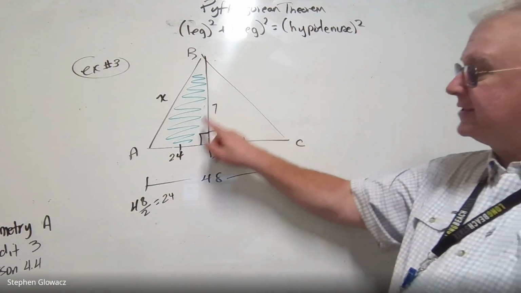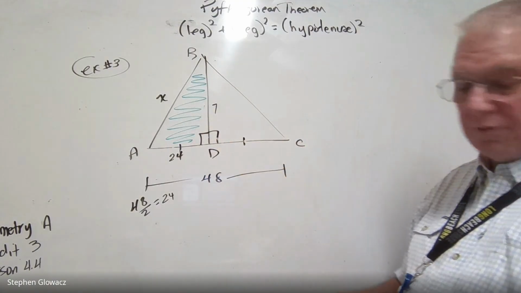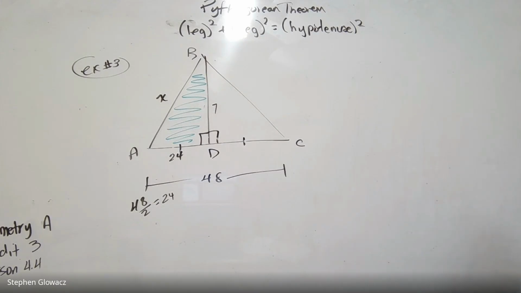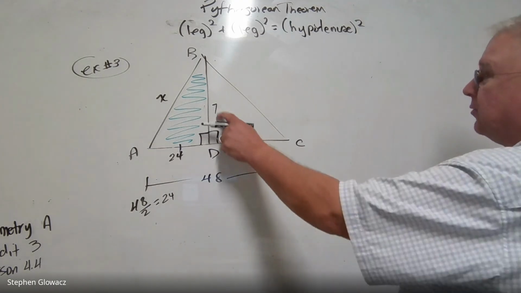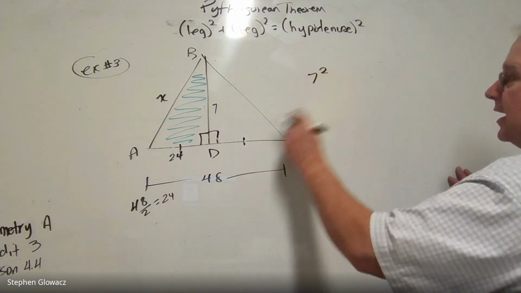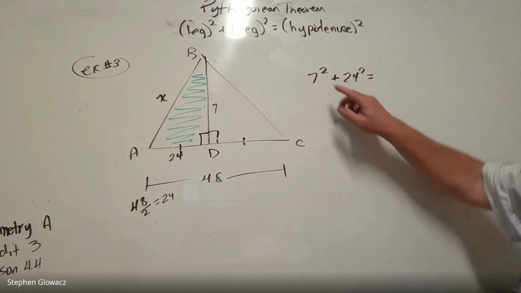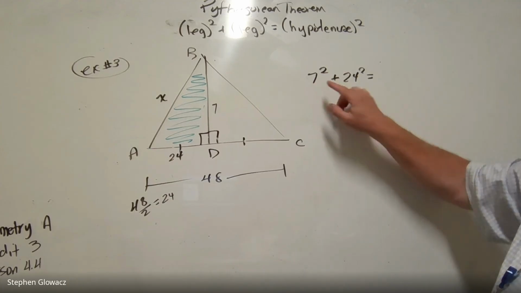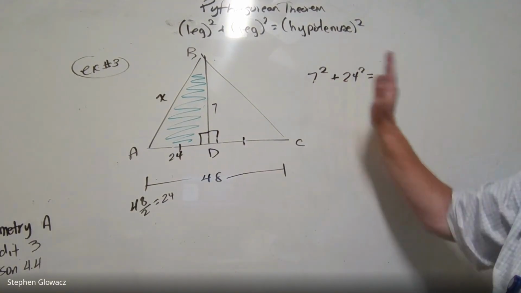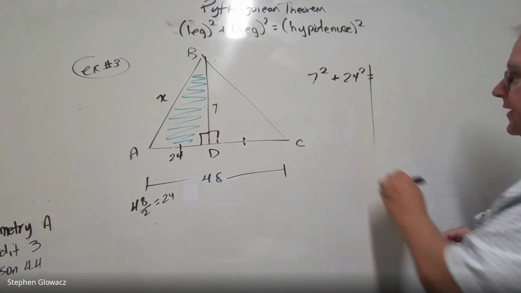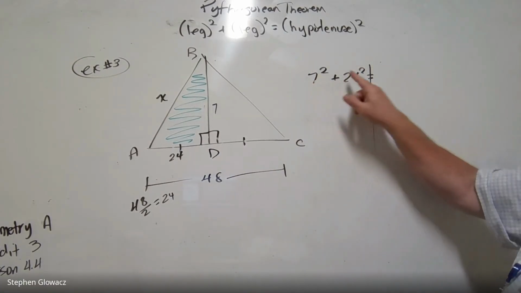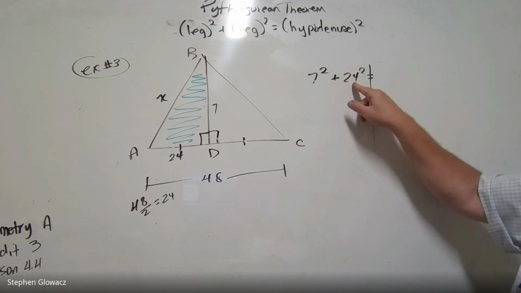Now we know the lengths of both of the legs here, and so once again, we can just apply the Pythagorean theorem to find our answer. So once again, leg squared plus the other leg squared. And notice it doesn't matter. So as long as I have the legs on one side of the equal sign here, it doesn't matter if I go 7 and 24 or 24 and 7.